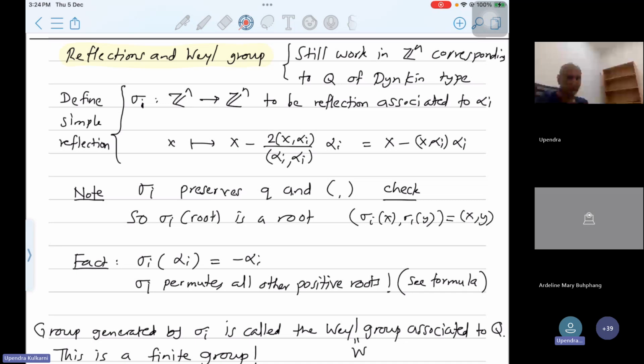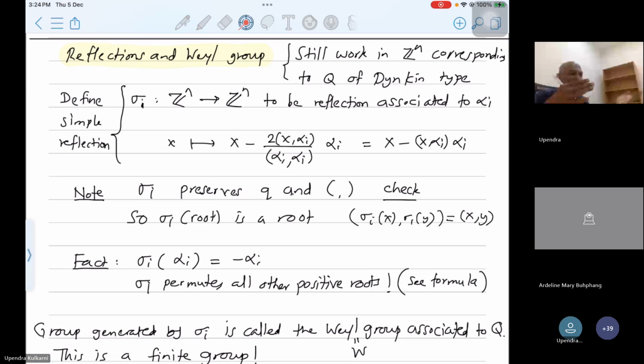Key fact: if I take any other positive root whatsoever, then sigma_i will send it to a positive root. So all the positive roots other than alpha_i are going to get permuted among themselves by sigma_i. Sigma_i, by the way, is bijective. We just see it's something that is invertible on this Z^n.